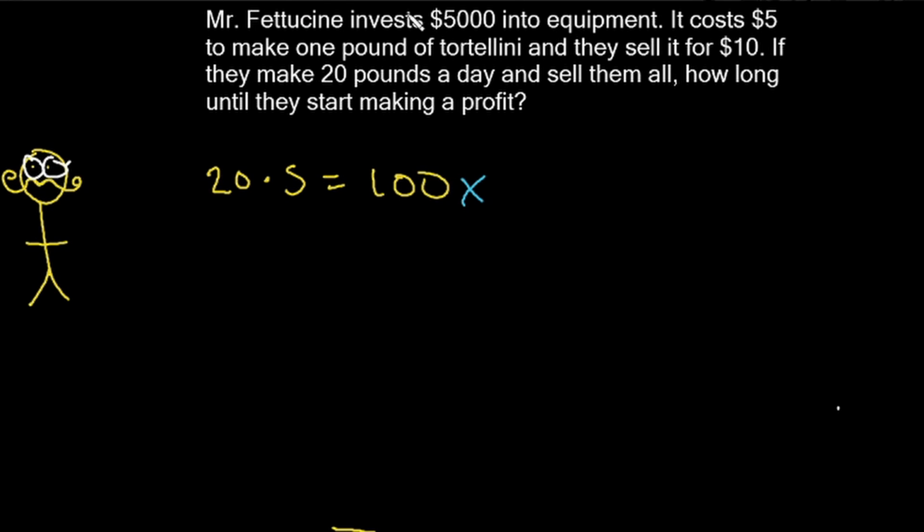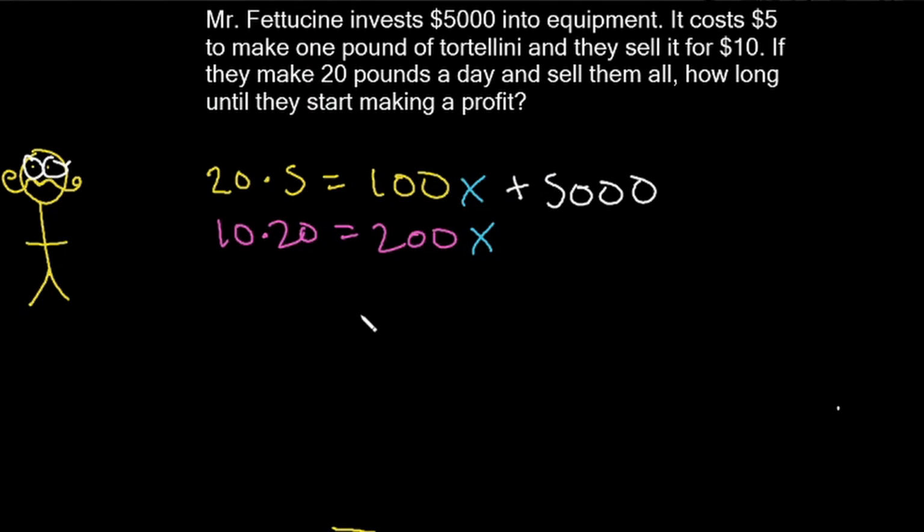And then we have to add our initial cost of $5,000. So add 5,000, and then they sell it for 10. So 10 times 20, do that in pink, 10 times 20 is going to be equal to 200. So they're bringing in $200 a day from their pasta, so it would be 200x.